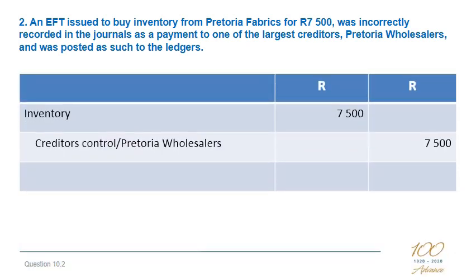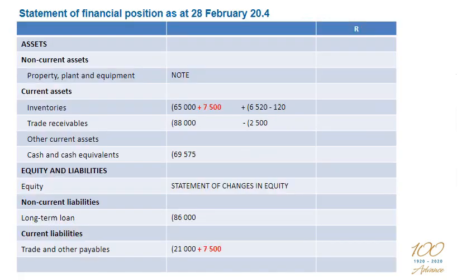So I will have to increase the creditors control again and the specific creditor and increase my inventory with 7,500. Now both of these items will be classified as statement of financial position items. So I need to adjust the 7,500 both under inventories and for trade and other payables.